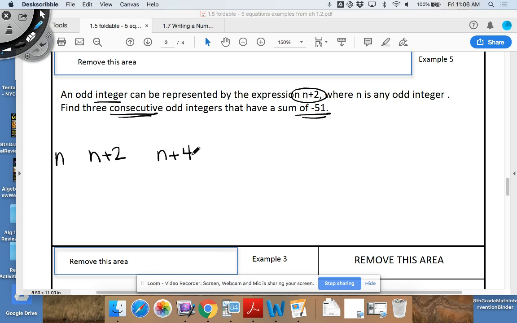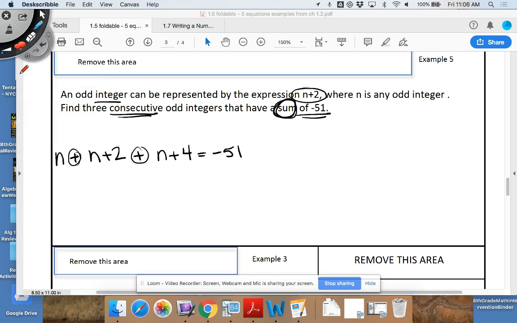The reason it's n plus 4 is because it skipped that even number in between. So our equation is going to be n plus 2 plus n plus 4 equals negative 51. The reason I put plus signs in between is because it said it has a sum of negative 51.